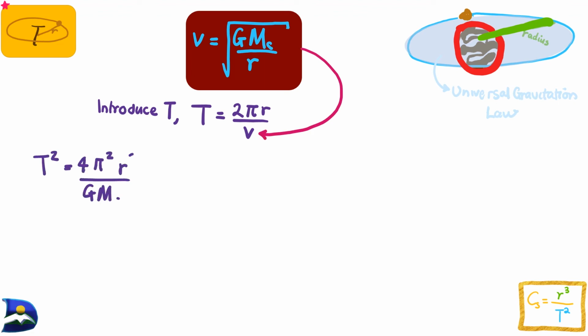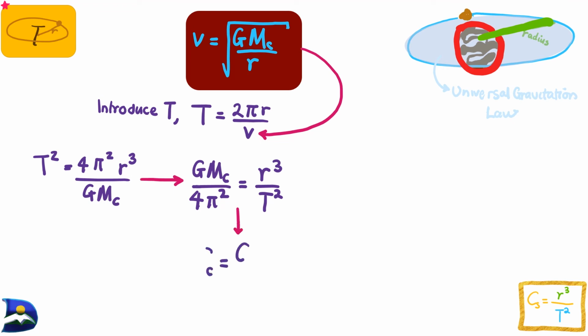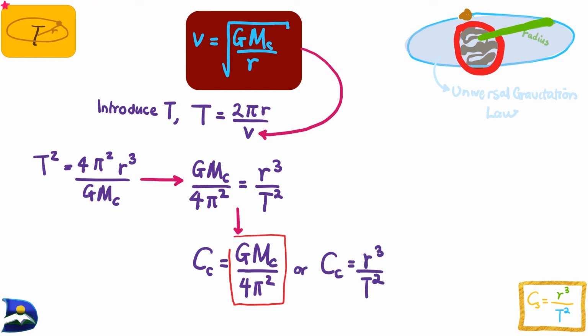Therefore, by rearranging the equations, we should have our frame of reference of our central body to be equal to the product of the gravitational constant multiplied by the mass of the central body divided by 4 pi squared, or equal to the ratio between the cube of the radius and the square of the period of the orbiting object's path. This second part here is focusing on the orbiting object, while the first one focuses on the central body.